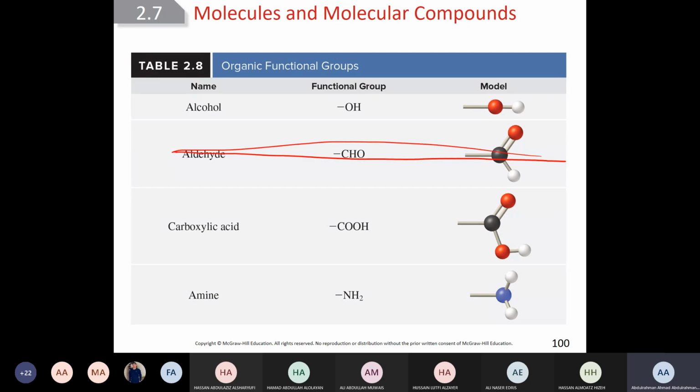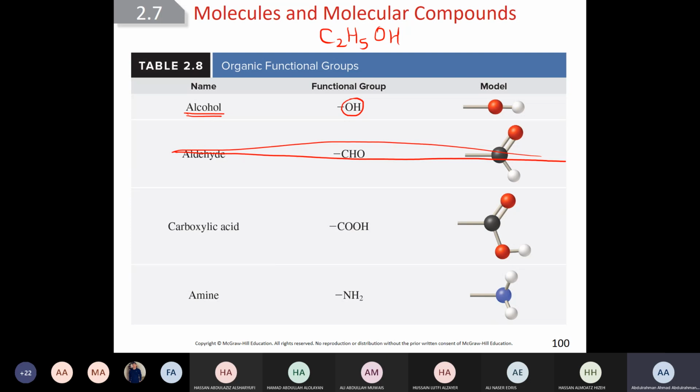But this one, I want you to know. Anything organic compound, what's an organic compound? It means there is carbon in it. If there is hydroxide attached to it, then we call it alcohol. Give me an example. C2H5OH. What's this? This is called ethanol, which is alcohol.